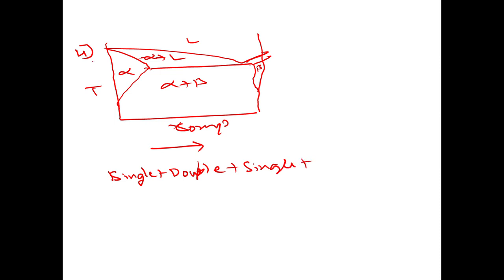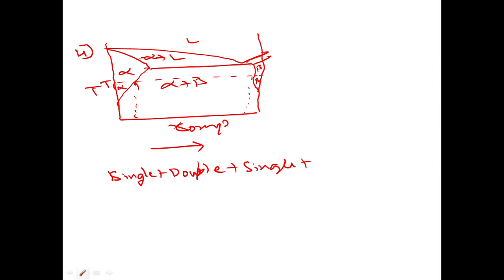This is in the binary case. For example, at this temperature that I am traveling, it starts with alpha single phase, alpha plus beta, and again beta. Single phase, dual phase, single phase. This is a property of a phase diagram that we observe.